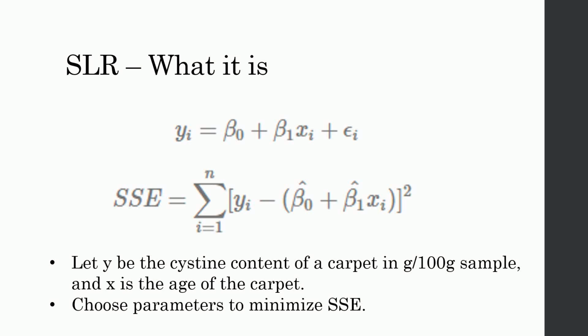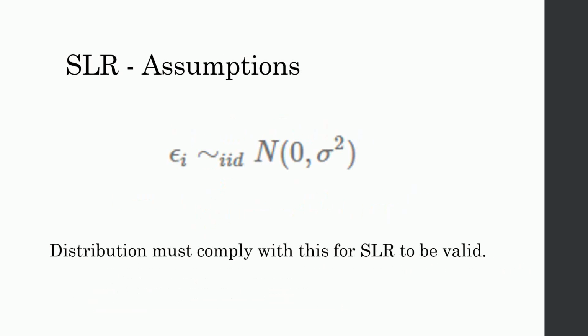You determine your beta parameters by minimizing the sum of the errors squared, shown on the bottom line. For this analysis, we want Y to be the cystine content, measured as a concentration, and X as the age of the carpet, which seems a little counterintuitive, but that's how the paper originally analyzed the data, and I wanted to keep in line with that.